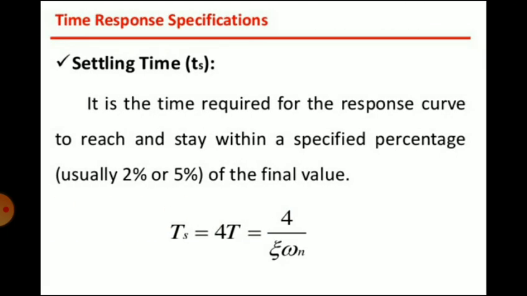Then settling time, TS. This is defined as the time required for the response to decrease and stay within a specified percentage of its final value, within a tolerance band. The formula is given as TS equal to 4 into T, that will be equal to 4 upon zeta omega n.